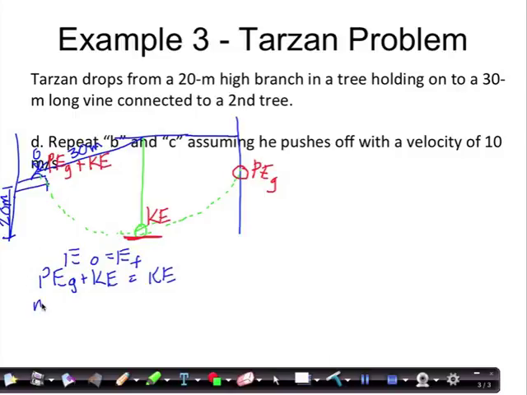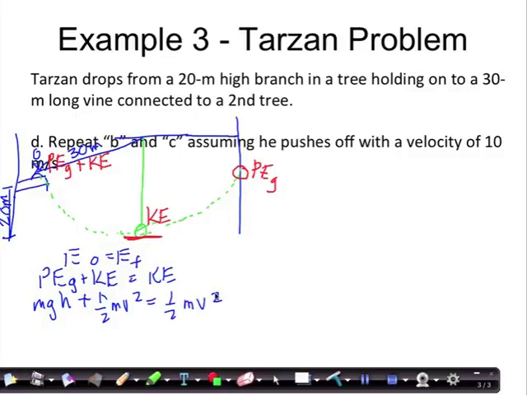Okay, so mgh plus 1/2 mv squared is going to equal 1/2 mv squared.